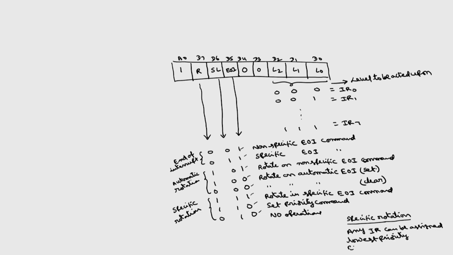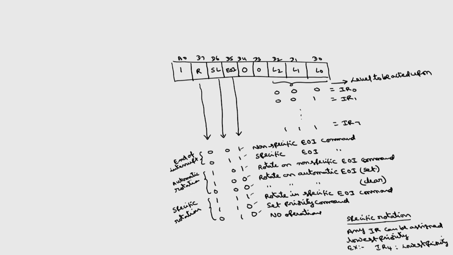For example, if I assign IR 4 as lowest priority, this will be clear if I give an example of how this IR will be assigned lowest priority.